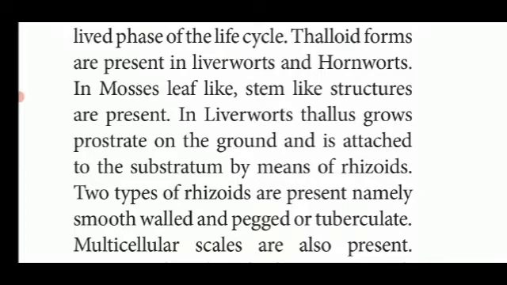But the primitive bryophytes such as liverworts and hornworts show the thallus organization. In the liverworts and hornworts, no leaf-like or root-like structures are present. The plant body is thalloid in nature. But mosses, being advanced bryophytes, show leaf-like and stem-like structures.